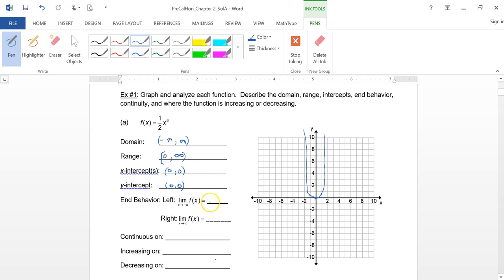End behavior, as x approaches negative infinity, y approaches positive infinity, and it's the same here. Continuous on its entire domain. Okay, now it's increasing from 0 to infinity, and it's decreasing from negative infinity to 0. All right? You see how we did that?